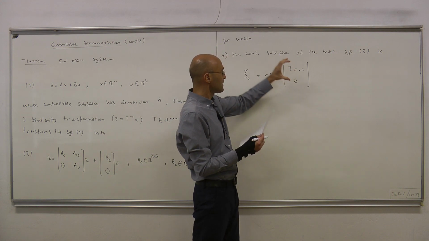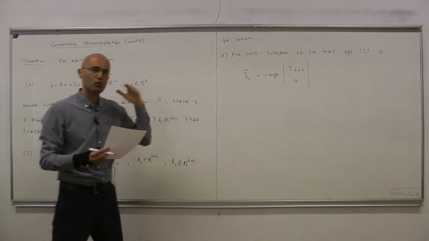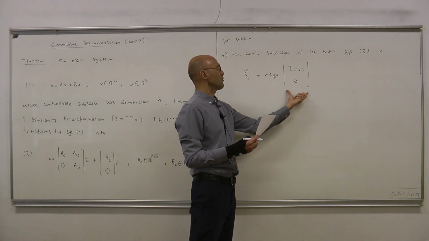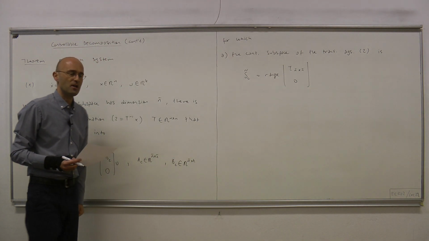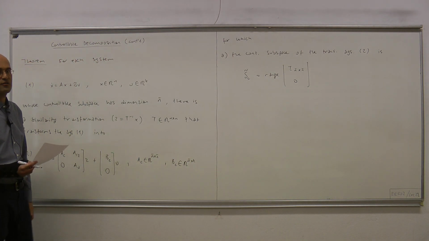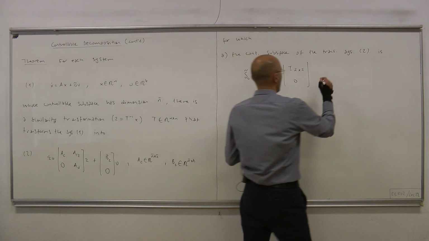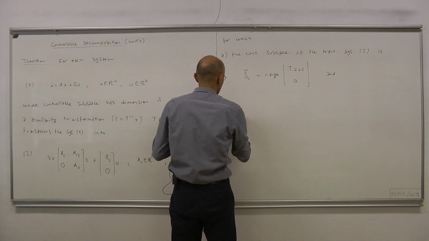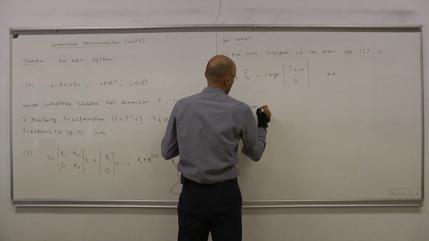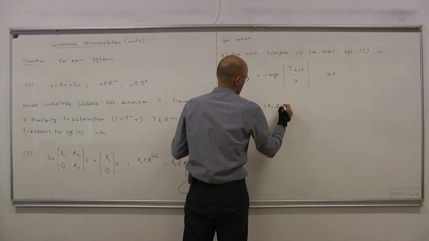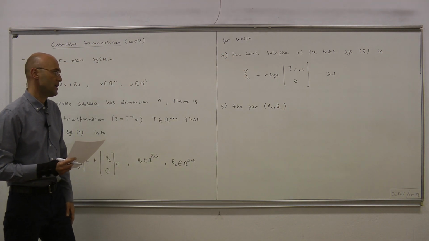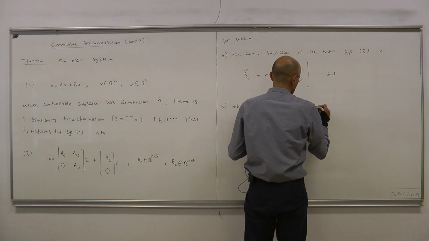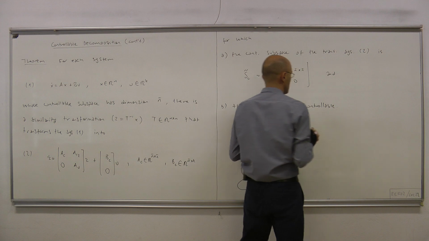And the matrix is such that the last n minus n bar rows are all 0, and the range space of this matrix is the controllable subspace of our transformed system. Furthermore, B, the pair AC, BC, is a controllable pair, is controllable.